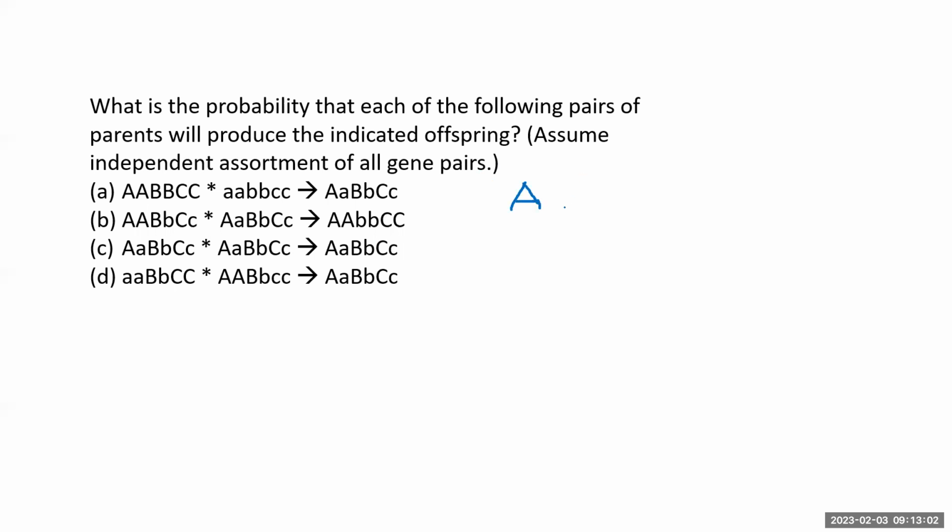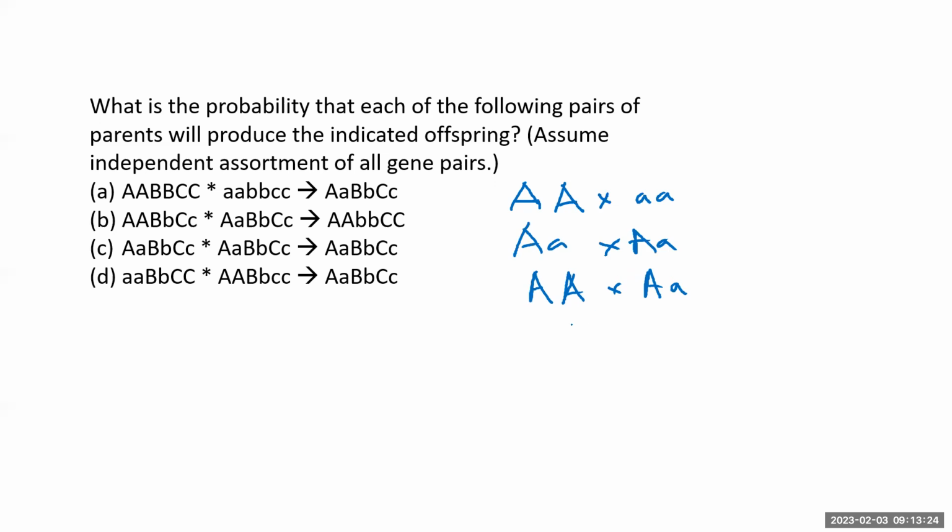Okay, if you take this cross, what is the base for this one? We should have a homozygous and we should get heterozygous. And the next one is homozygous and heterozygous.